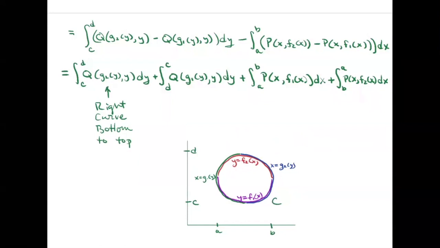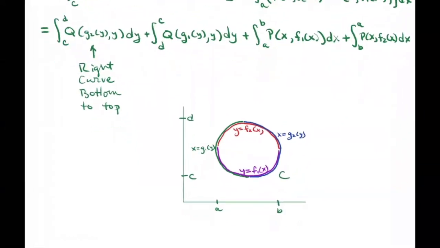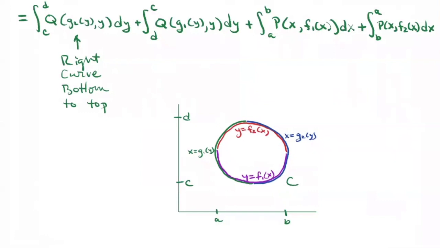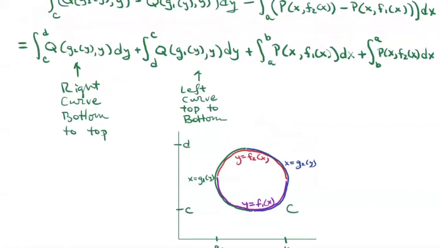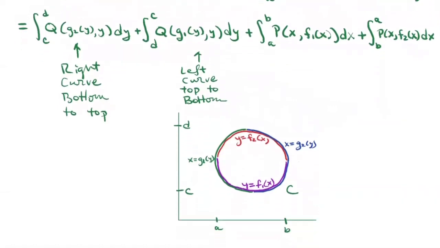And then the next part's on G1 of y, which is the left curve, but notice it goes from top to bottom, right? Because it goes from D to C. So this is the left curve, top to bottom. G1 is the left curve, going from D to C, from high to low.